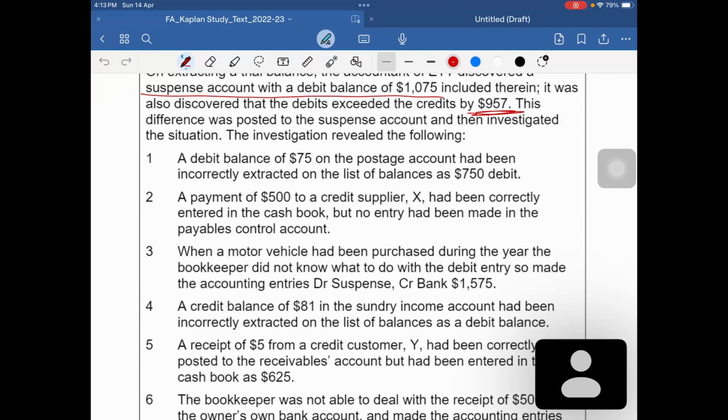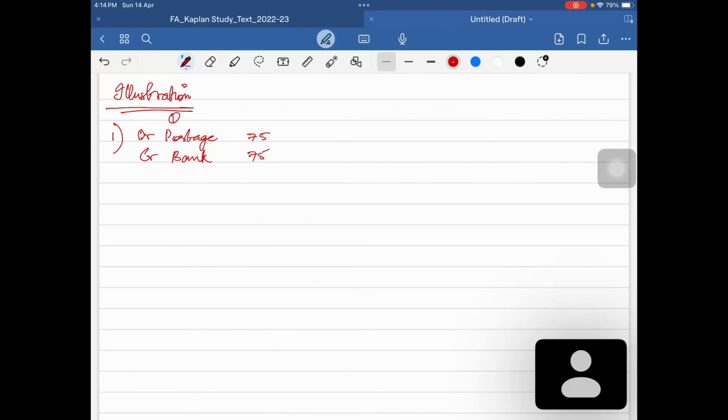So you should have recorded 75, but you took how much? 750. Understood? So what is the wrong entry? Wrong entry is such that debit postage as how much? 750. Cash is taken correctly.